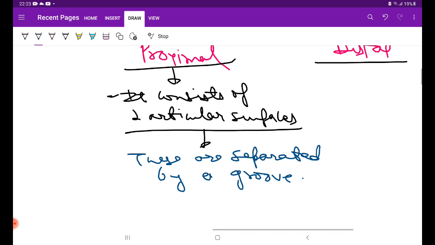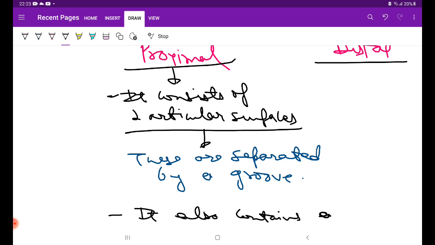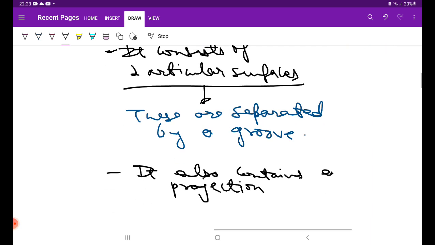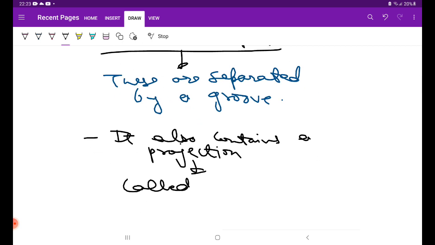Next, related to the proximal extremity, it also contains a projection called coronoid process.